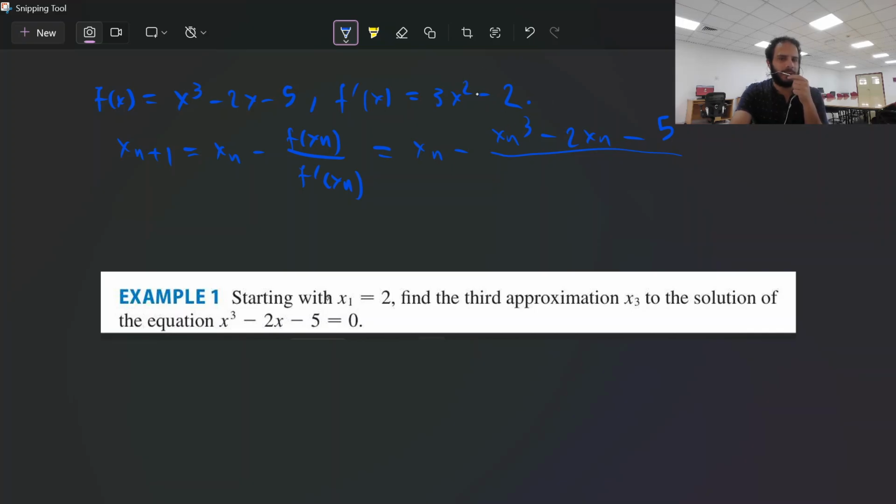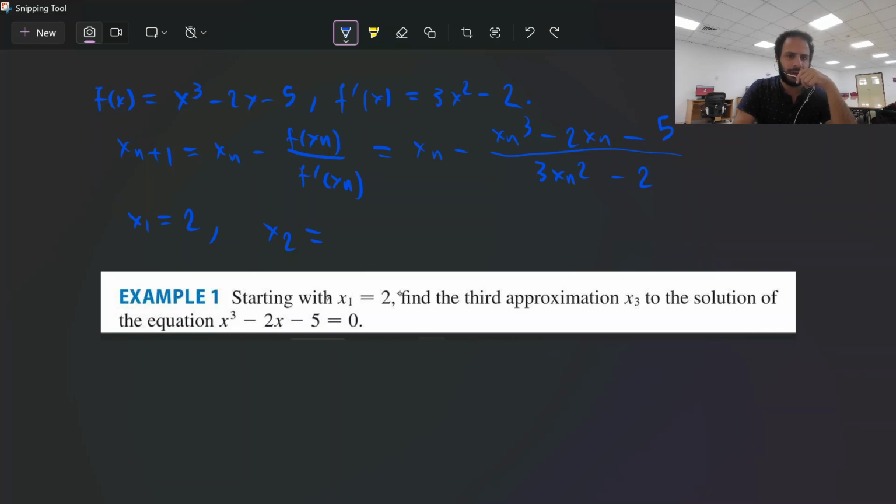Over the derivative. You substitute xn. You get 3xn squared minus 2. Good? Now you have x1. x1 is 2. Next, you find x2. See? Write the formula once and then you use your calculator to find the values.